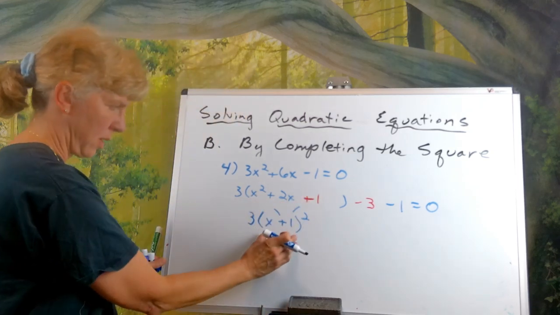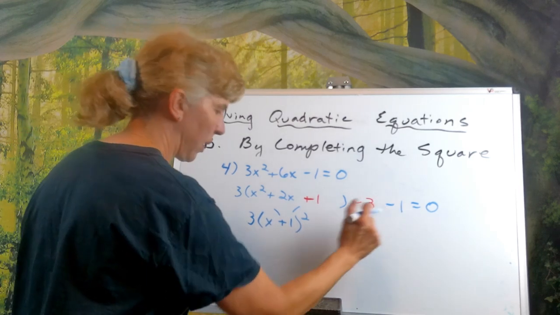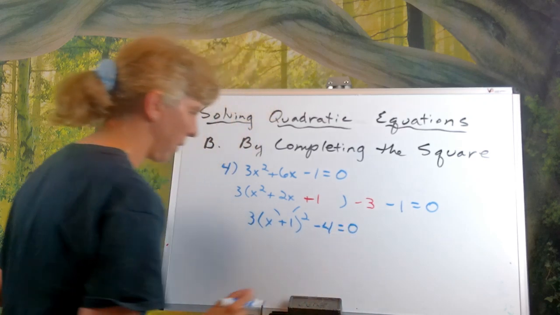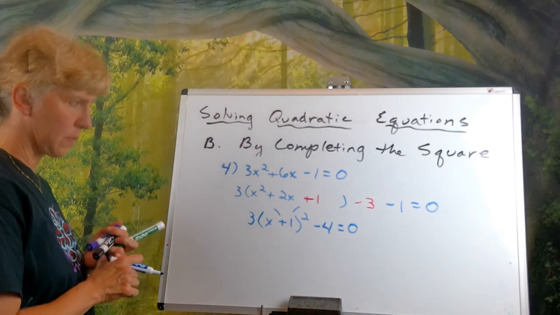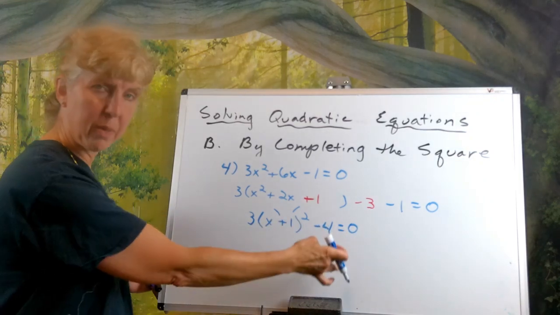This is created factors to this. Negative 3 minus 1 is negative 4. All right, and now again I'm solving for x, so I'm going to add 4 to both sides, divide by 3.